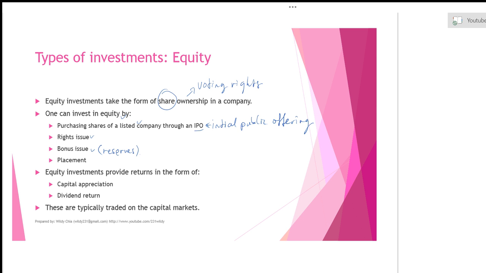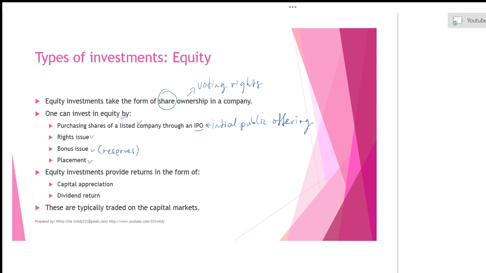Now, a company can further offer investors an opportunity to invest in equity by offering what we call a placement. A placement is quite interesting. Basically, placement means that a company directly offers its shares to potential investors, right?